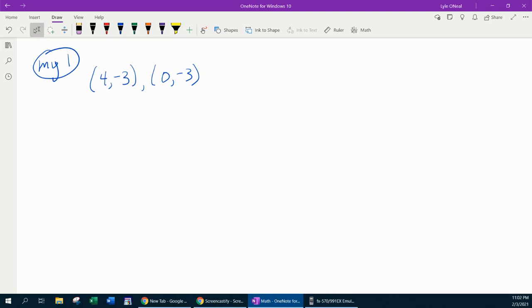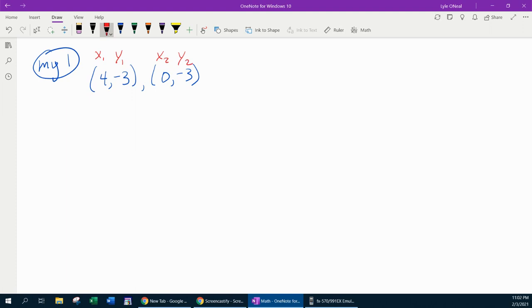Now, for my next example, the textbook didn't have what I wanted to show you, so I'm going to call this my first example. This is my number 1, and this is going to work out kind of interesting. Here we want to find the slope of the line containing this pair of points. So again, if we're going to find the slope, we need to label our points first.